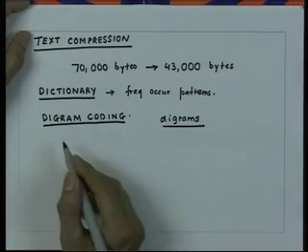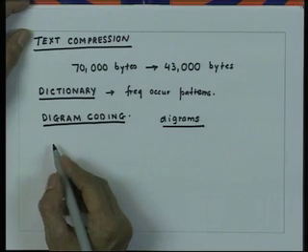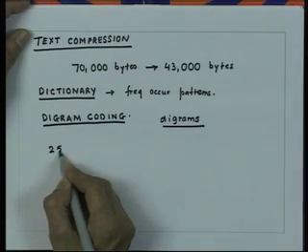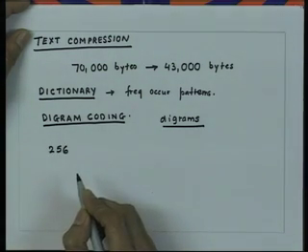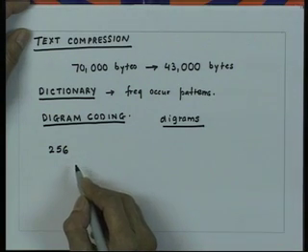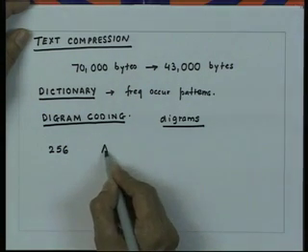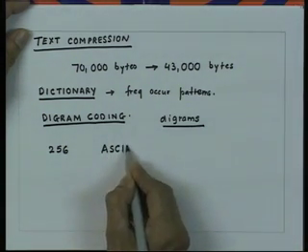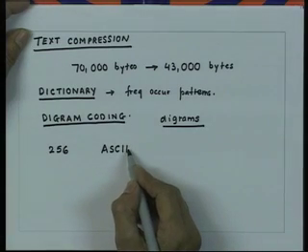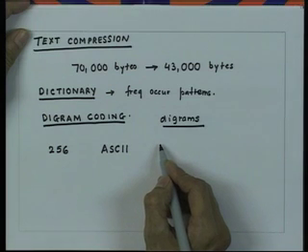For example, suppose we were to construct a dictionary of size 256 for diagram coding of all printable ASCII characters. Then the first 95 entries of the dictionary would be the 95 printable ASCII characters.